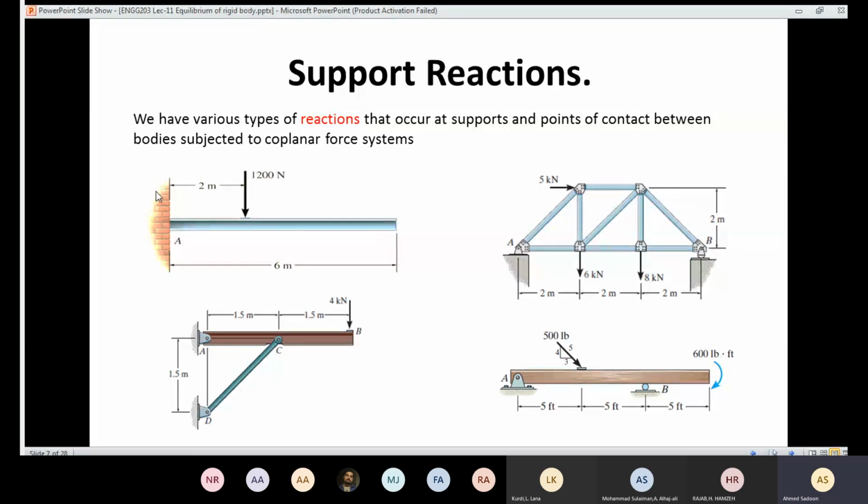And I want to make sure that the wall has enough stability in order to support that rotation as a result of that force. Since I have a force here, if I want to calculate the moment at that point, I'm going to have a rotation, which is 1,200 Newton times 2 meter. I'm going to have a moment at that point, and we should have a resistance opposite to that one in order to bring the stability for the beam here.